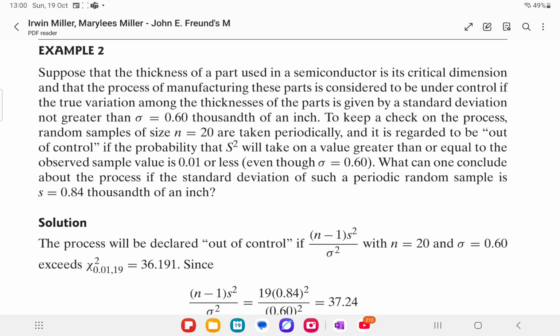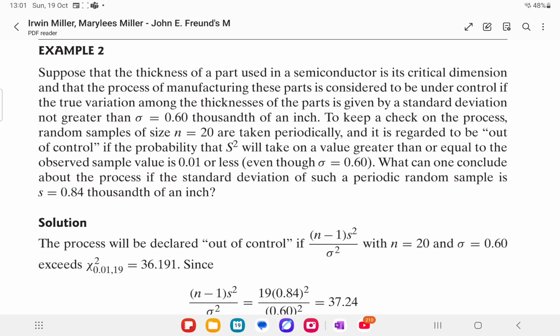What can one conclude about the process if the standard deviation of such a periodic random sample is S equal to 0.84? So first of all we have to write the null and alternative hypothesis.